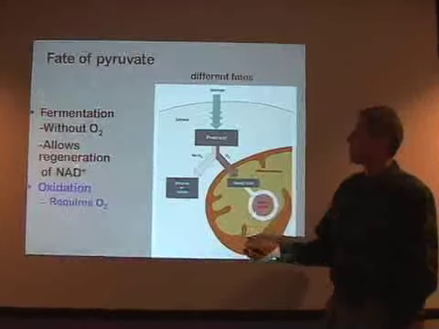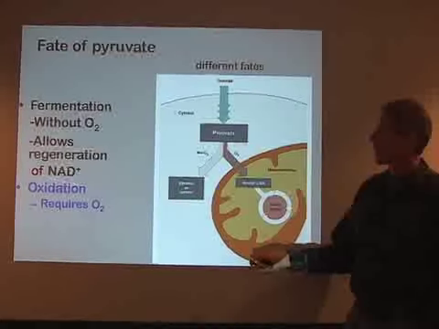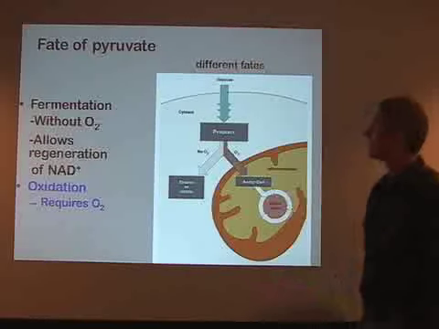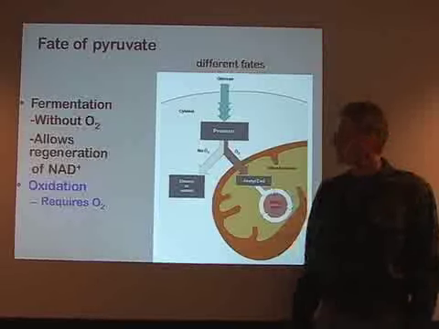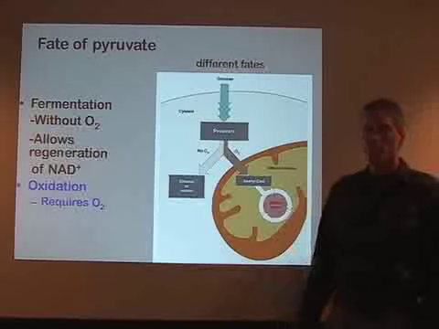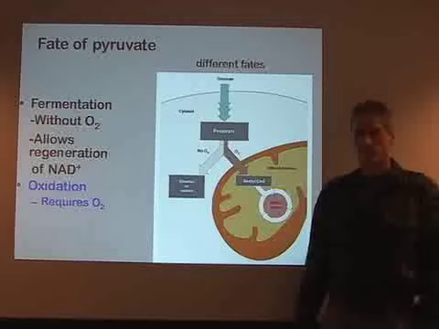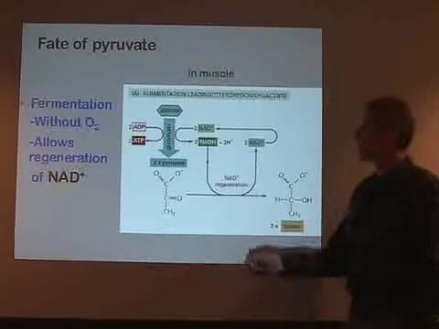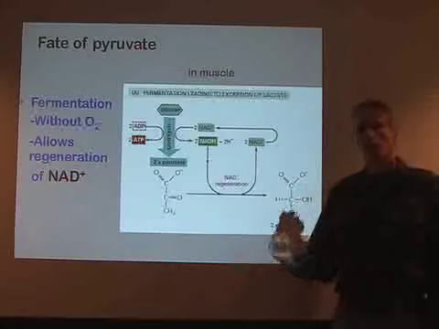Fermentation requires enzymes, and it allows regeneration of NAD+. So it's useful when you go anaerobic. In contrast, you can oxidize it, which we'll do in the TCA cycle later. So fermentation without oxygen allows regeneration of this carrier molecule, so it can be used in glycolysis.